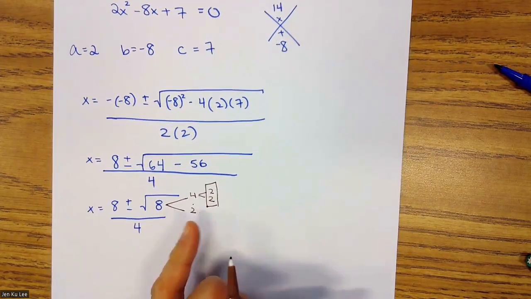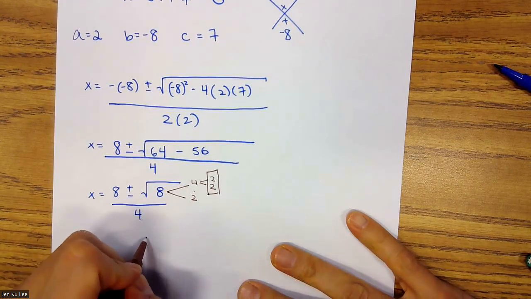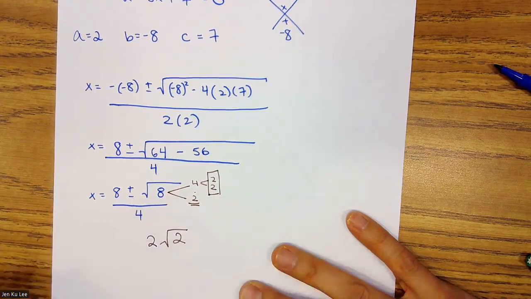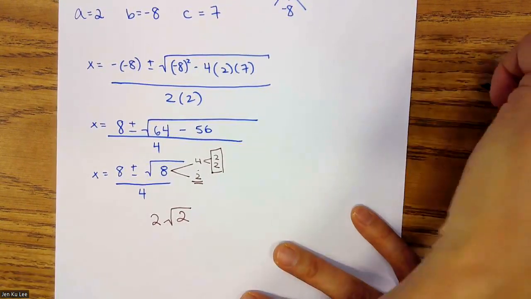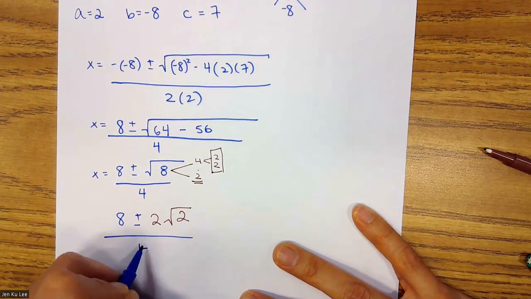Since there's a pair of 2's, I can take out that 2, and what's left over is this 2 here. All right? And then the plus or minus 8 over 4.